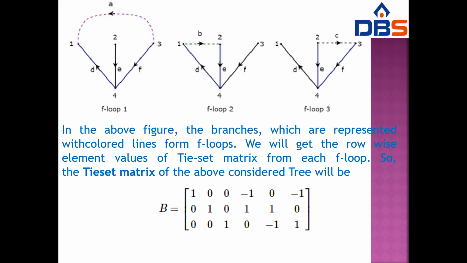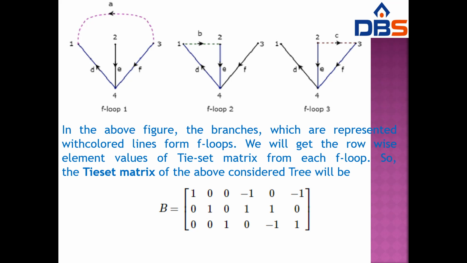B is equal to. When you observe here, for the first loop there are A and D, F, E. For link 1 the direction is the same, so put 1. The second does not relate, so put 0, and the third will be 0.